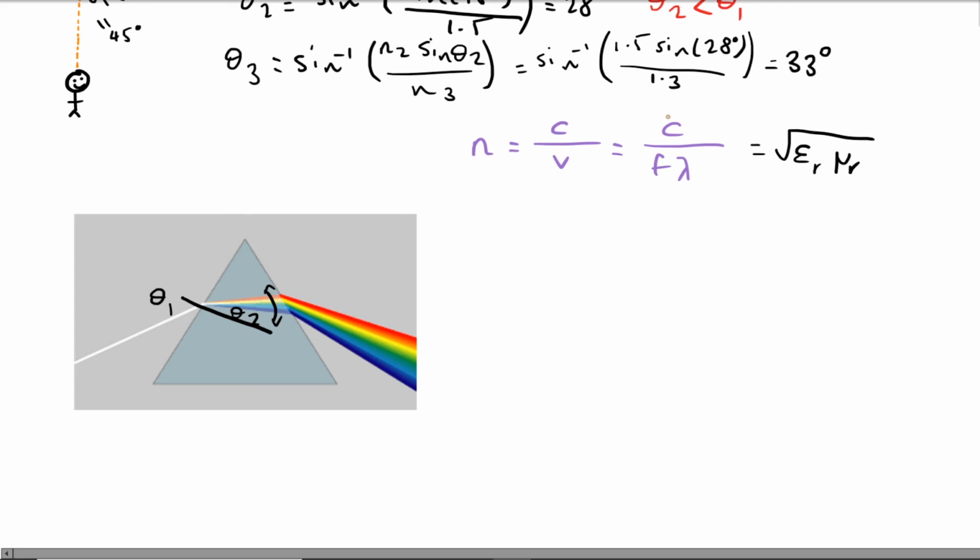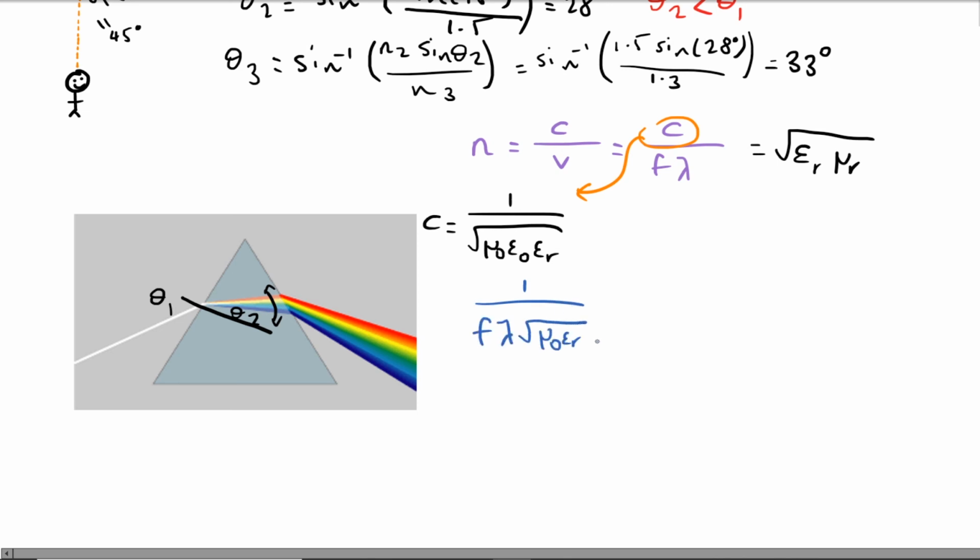Well, the speed of light, c, is also made up of some constants. c is 1 over the square root of mu naught epsilon naught. So if I make this substitution now, I have 1 on f lambda root mu naught epsilon naught, which is root epsilon r mu r.